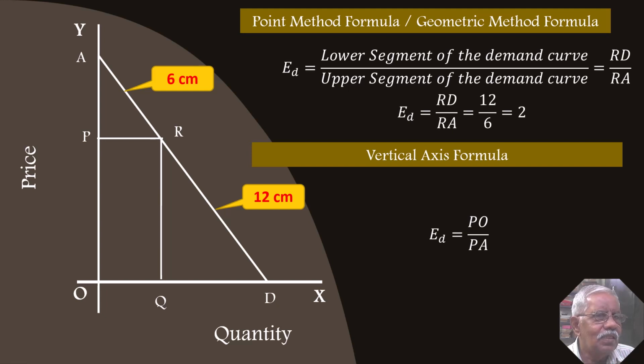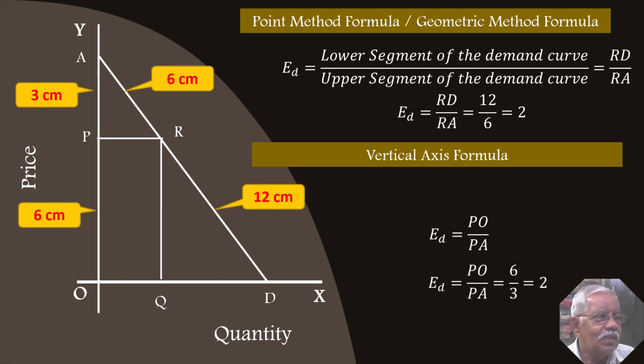Demand is relatively elastic. We shall turn to the vertical axis formula. The length between P and O is 6 centimeters and between P and A is 3 centimeters. 6 divided by 3, 2. We get the same answer.